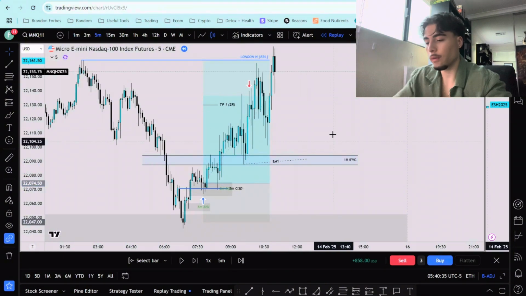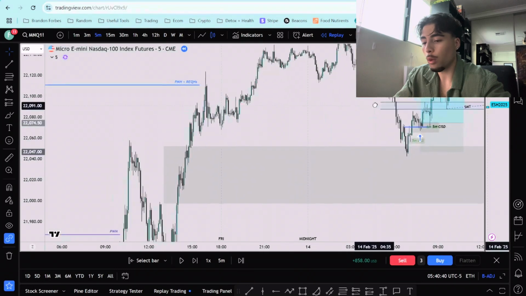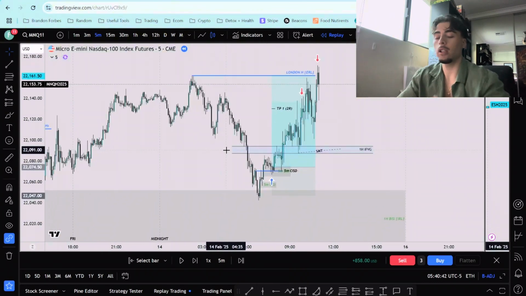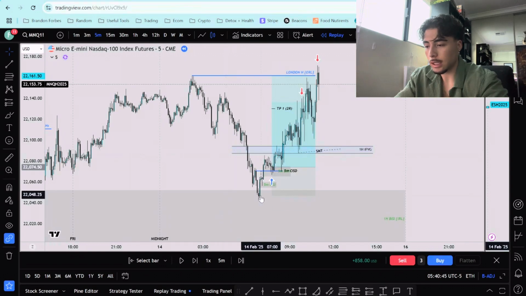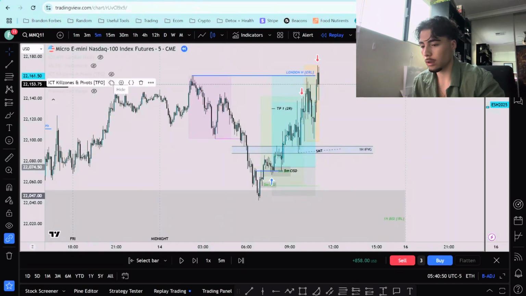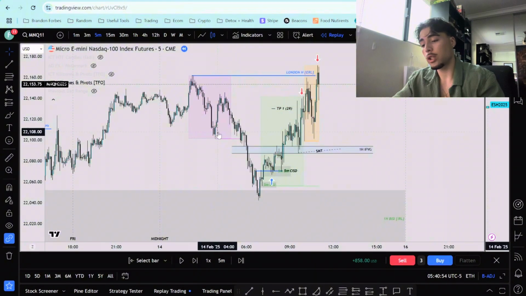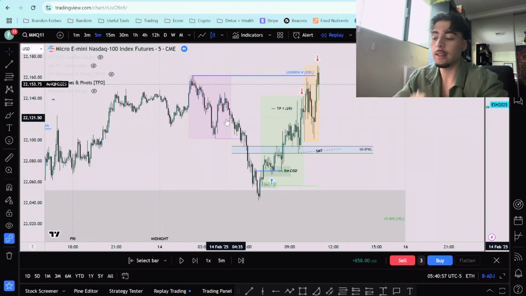So you can see very simple. This is a very simple setup actually. This happens a lot more often than you think. It's just a London protraction into New York expansion. So you can see London. If we also open up this tool here, let's just remove this. So we do have 2 to 5 here, which is our actual London, but this is a delayed London protraction.